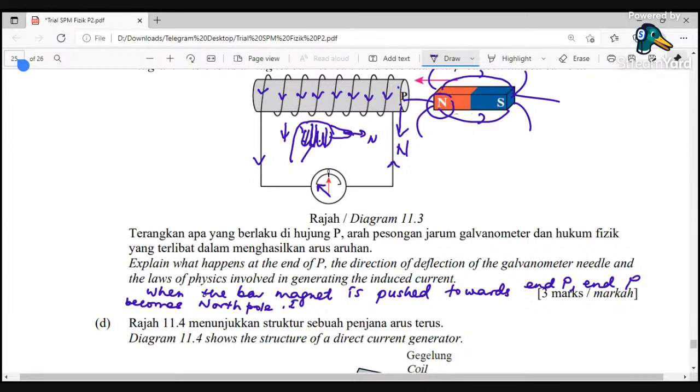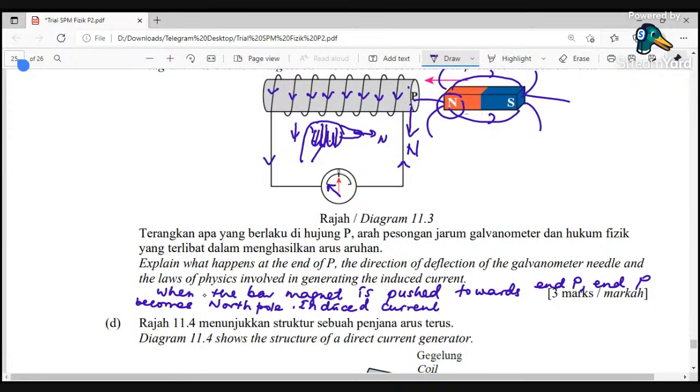Induced current flows. You can see it flows from right to left.